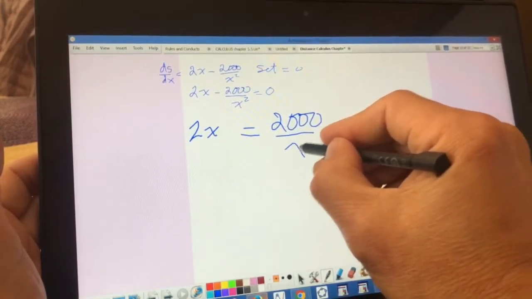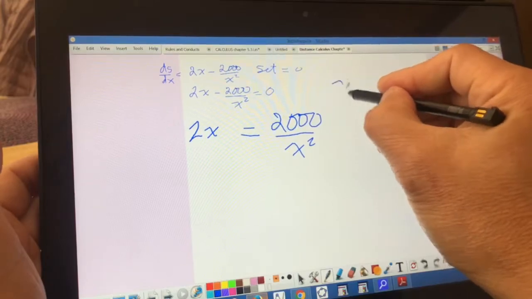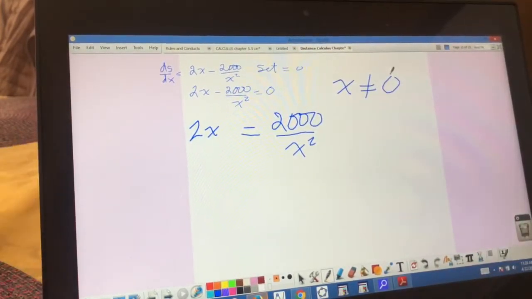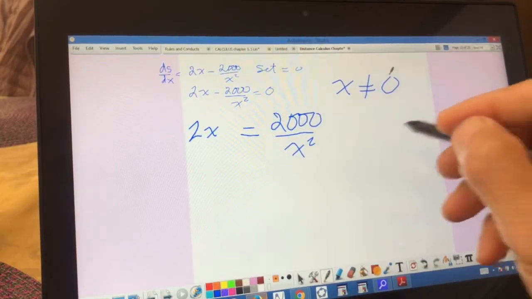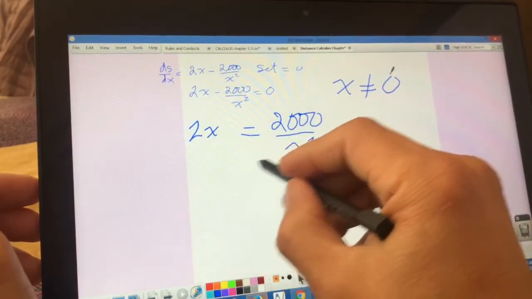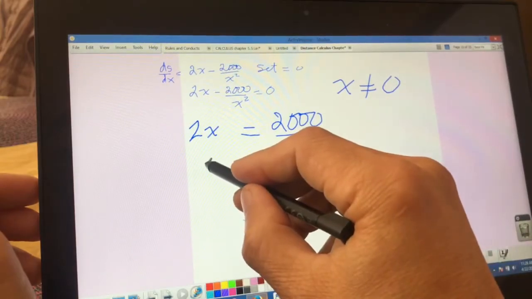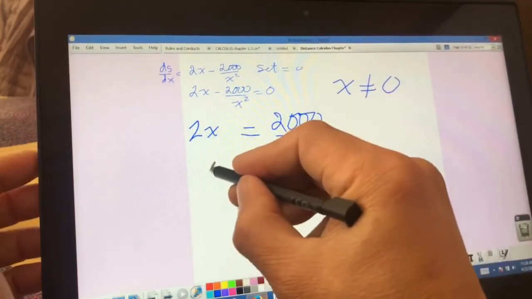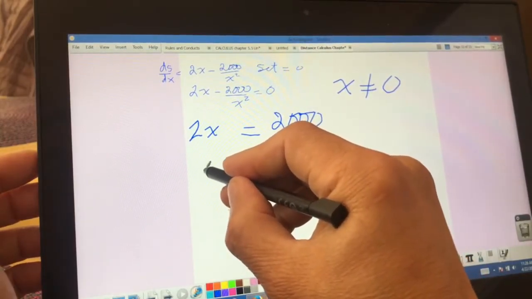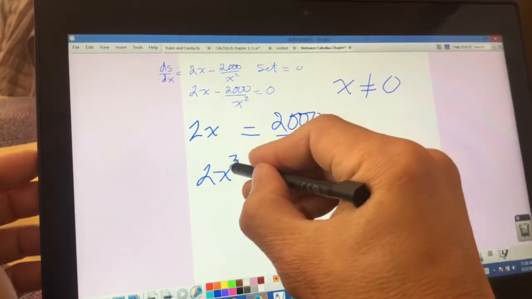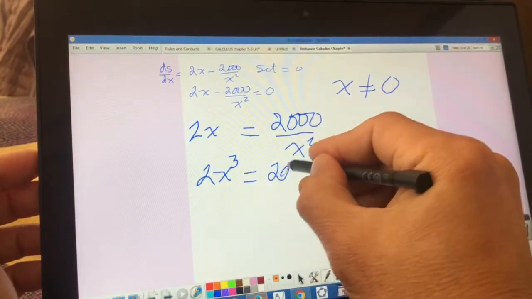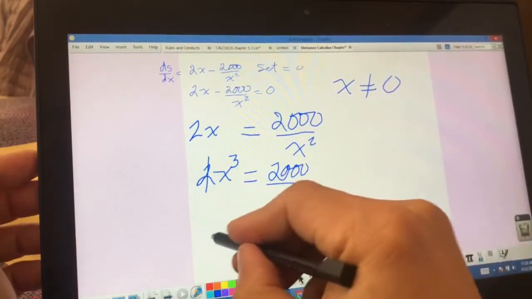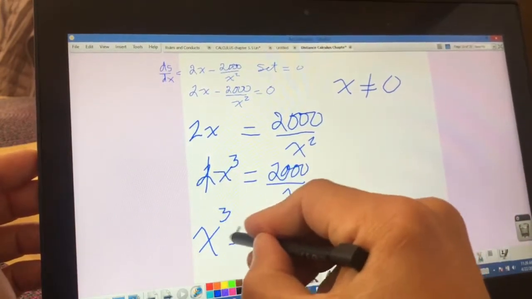Oh, by the way, at this point your x cannot be 0, right? Multiply the x over here, the x squared times x, and then divide by 2 on both sides. So you've got 2x cubed equals 2,000. Divide by 2, so you've got x cubed equals 1,000.